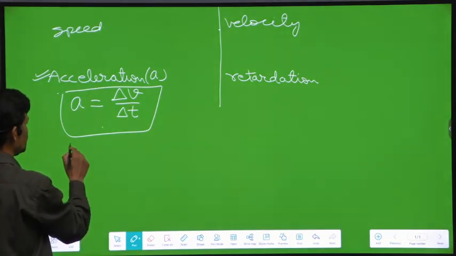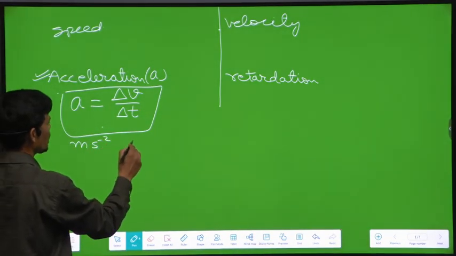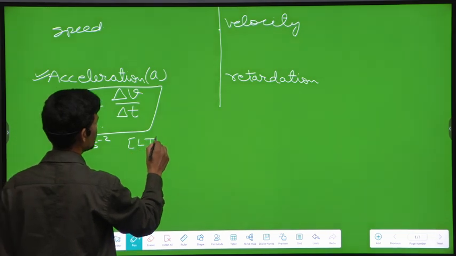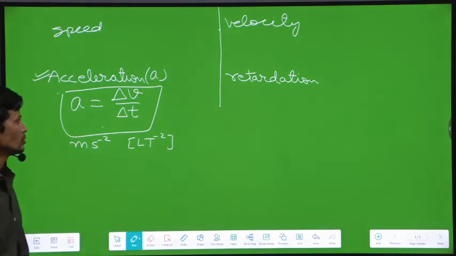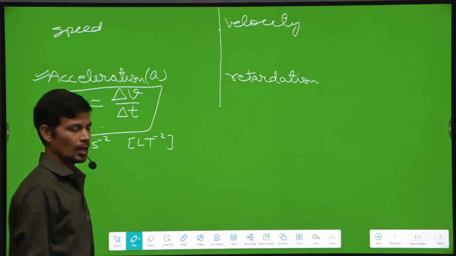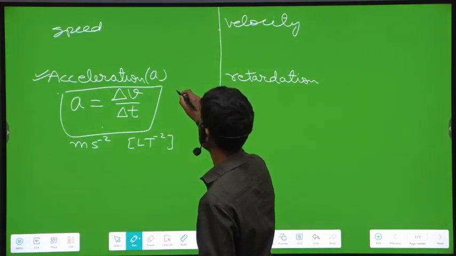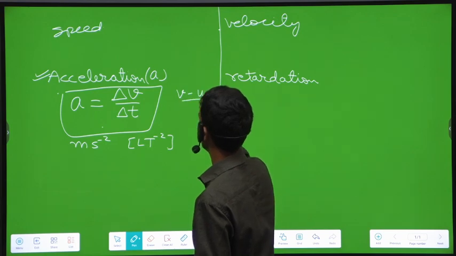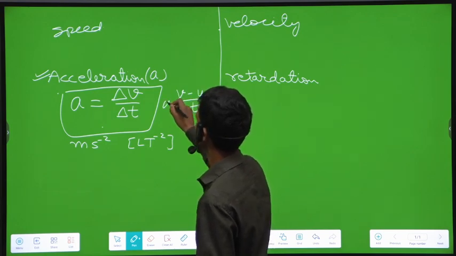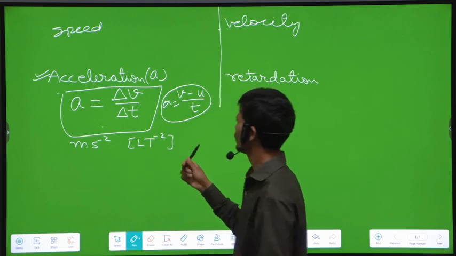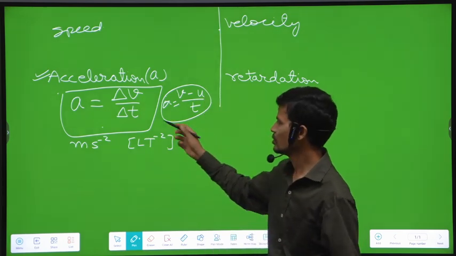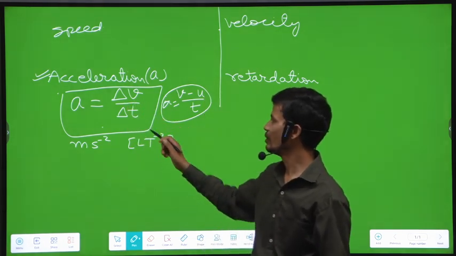Its SI unit is meter per second square, and its dimension is LT minus 2. In some cases, it is written as a equals V minus U by T. This is also fine, but we will consider delta V by delta T.